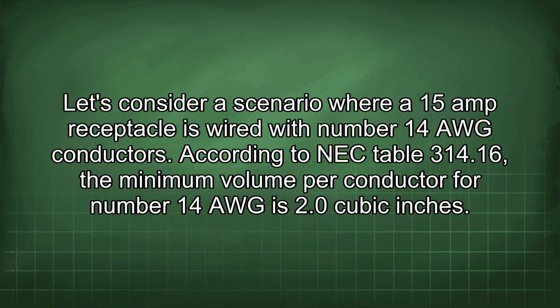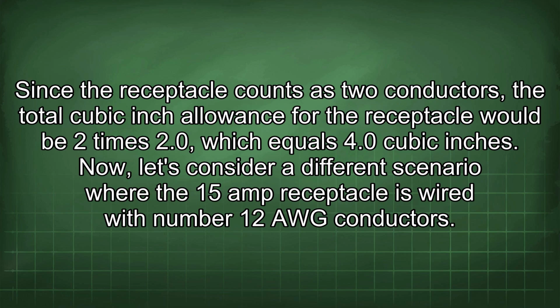Let's consider a scenario where a 15-amp receptacle is wired with number 14 AWG conductors. According to NEC Table 314.16, the minimum volume per conductor for number 14 AWG is 2.0 cubic inches. Since the receptacle counts as two conductors, the total cubic inch allowance for the receptacle would be 2 times 2.0, which equals 4.0 cubic inches.